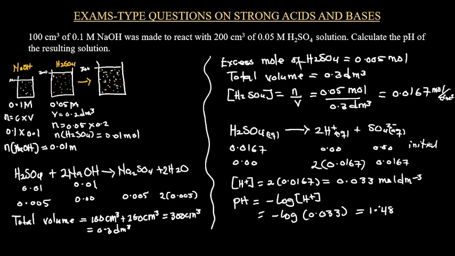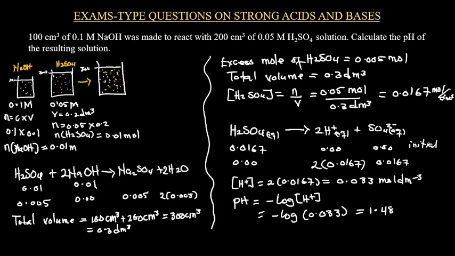Good. So if you do this, then that's the right way to go about a question like this. The solution is going to be acidic, even though it's a combination of a strong base and a strong acid. We're going to have excess of H2SO4 in the solution, and so the solution will be acidic, okay, because the pH is 1.48. That's a very strong acid.